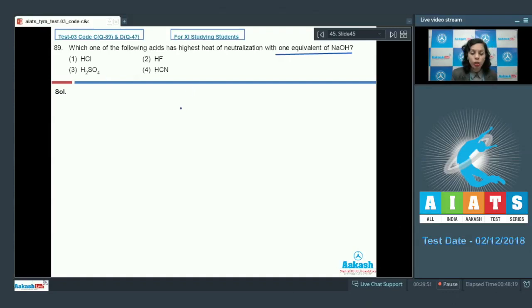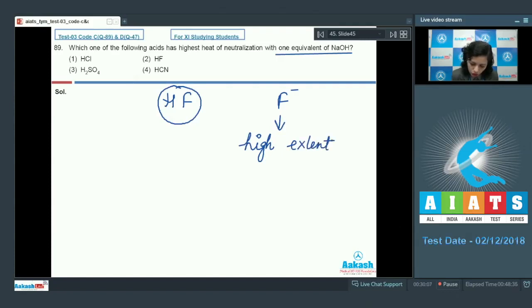If you look at the given options and if you check this HF, in case of this HF, this fluoride ion is the smallest one and it has very high extent of hydration.